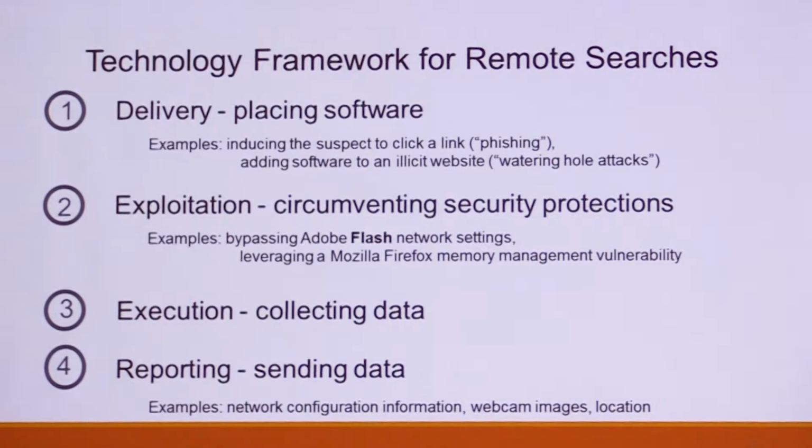So that's the technology that's used for committing these crimes, and the technology the government uses to respond to that and investigate the crimes. Okay, so I want to encourage you to think about a few key steps if you're dealing with one of these network investigative technique cases. The first step is, how did the government get the software onto the suspect's computer?